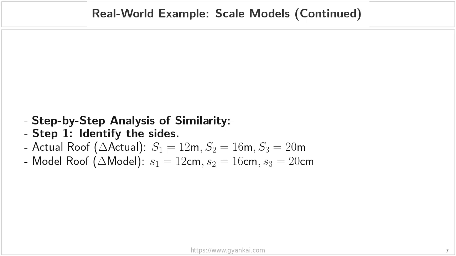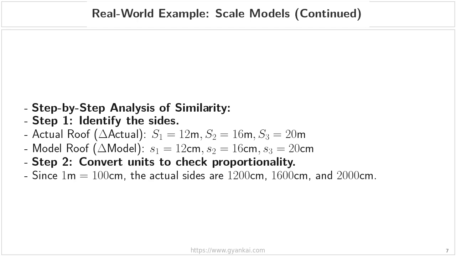For our actual roof triangle, let's call it delta actual, the side lengths are 12 meters, 16 meters, and 20 meters. For our model roof triangle, which we'll call delta model, the side lengths are 12 centimeters, 16 centimeters, and 20 centimeters. At first glance, the numbers look identical, but we can't compare them yet because the units are different. One is in meters and the other is in centimeters.